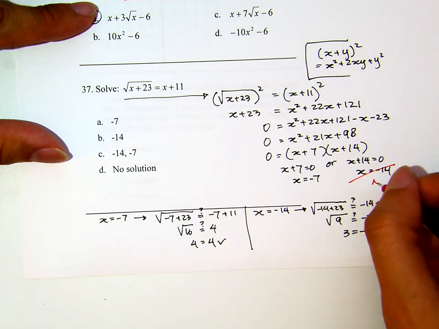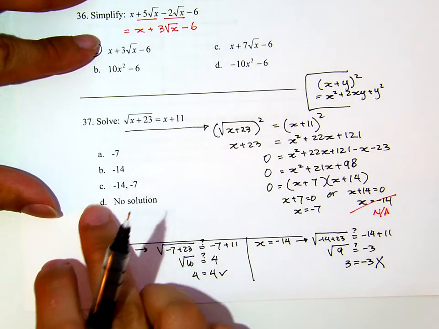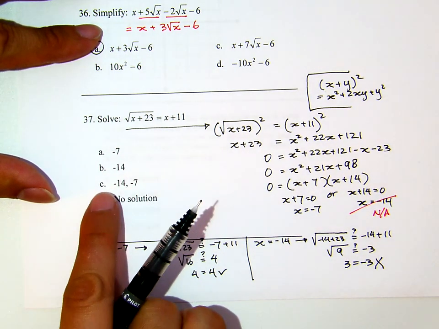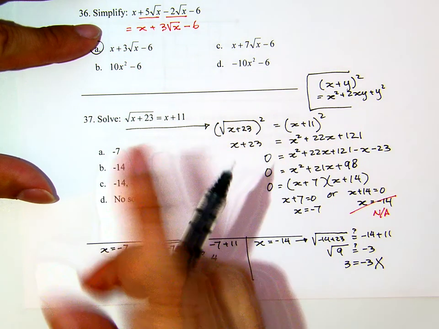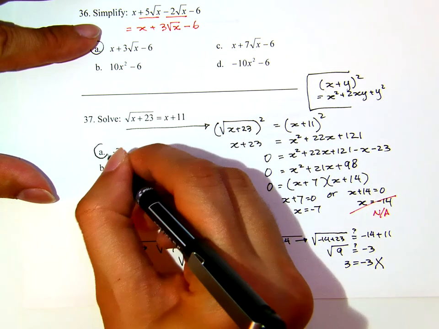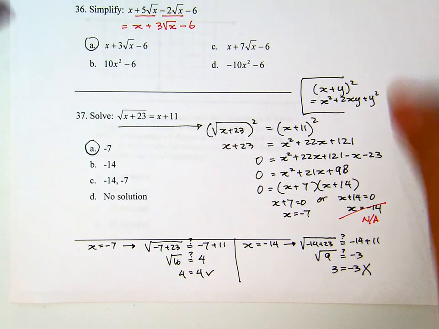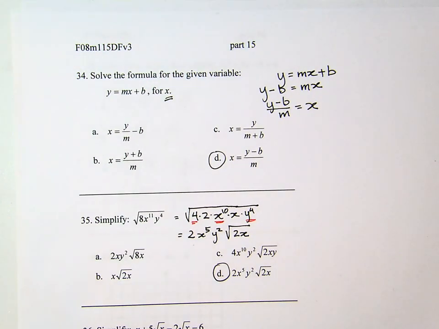This is not a solution. Only x equals negative 7 is the solution. So if you don't check this work, you will think the answer is C, but actually the answer is A. Okay, now this is for Fall 2008 Math 115 Department Final, version 3, number 34, 35, 36, and 37.